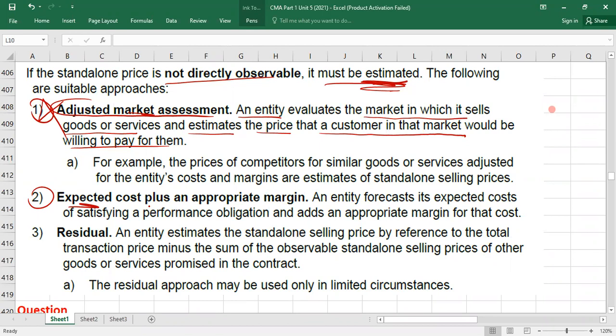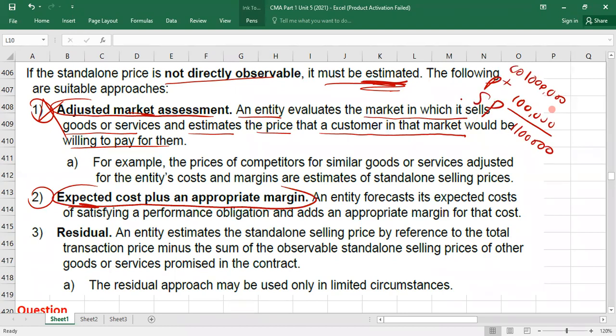If I construct this house, I will incur a cost of 1 million. Normally I will charge 10% profit on that, which is 100,000, so my price should be 1.1 million. This is called expected cost plus an appropriate margin: estimate the cost, add profit. This will be your selling price.